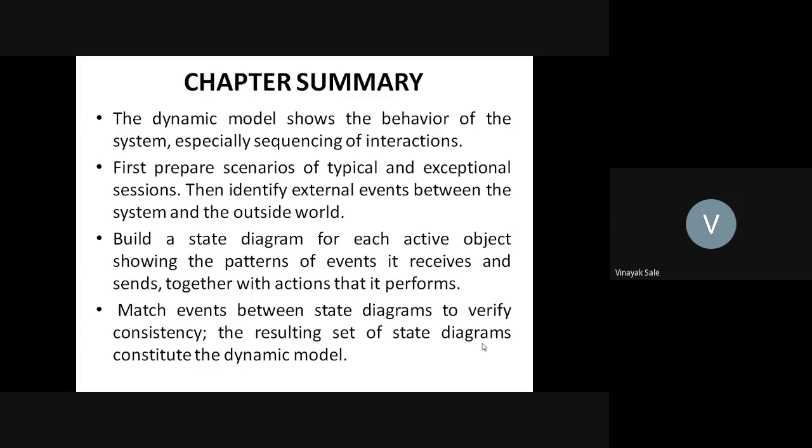Build state diagrams for each active object showing the patterns of the events it receives and sends together with the actions that it performs. Match events between state diagrams to verify consistency. The resulting set of state diagrams constitutes the dynamic model.